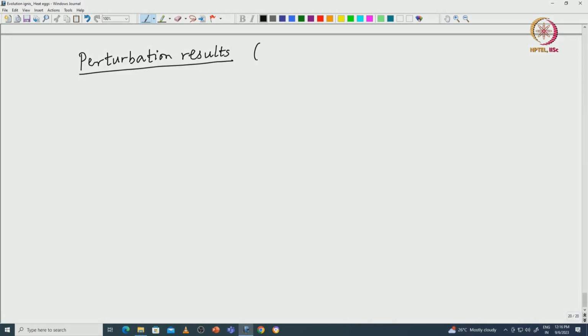So this was essentially developed by Kato in the study of the Schrodinger equation and also systems of hyperbolic equations. Okay, so the idea is the following. So, for example, consider the heat equation, u t.